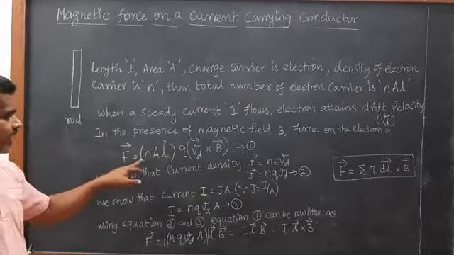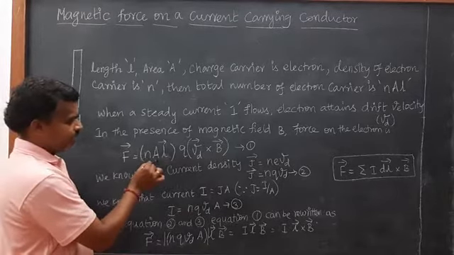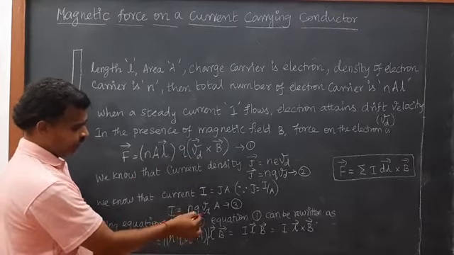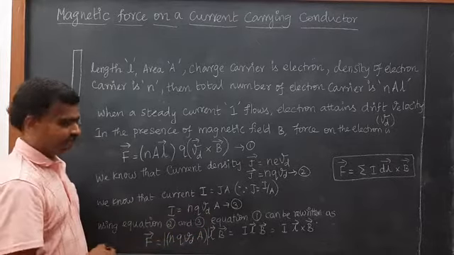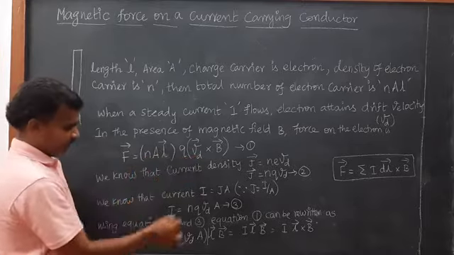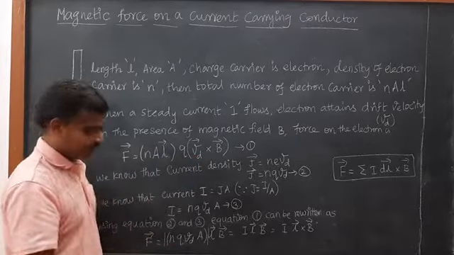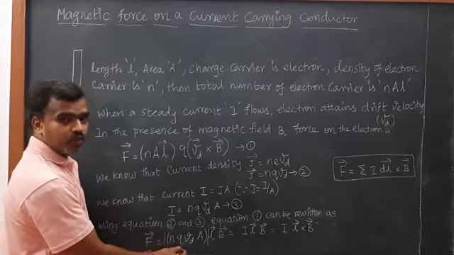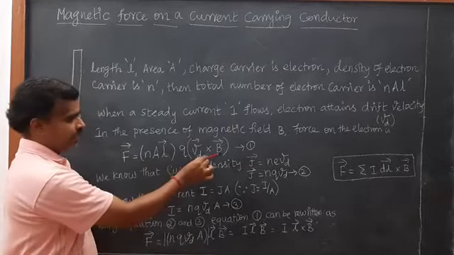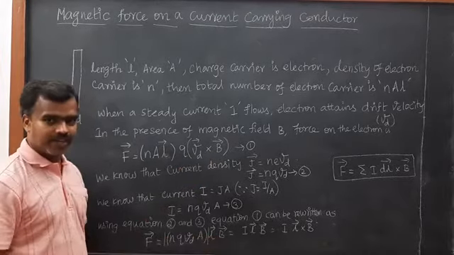Therefore we can rearrange this equation: n q v_d A is called I. So n q A v_d is the current I. Considering only the magnitude, apart from that we have L vector and B vector. So n q v_d A is the current, and we get I into L vector, B vector.